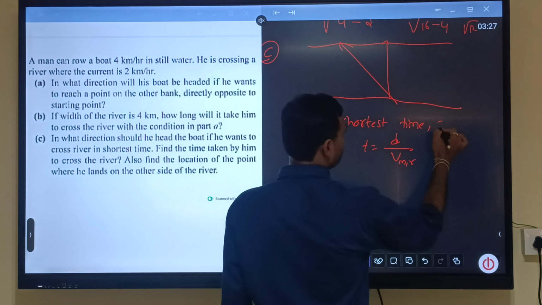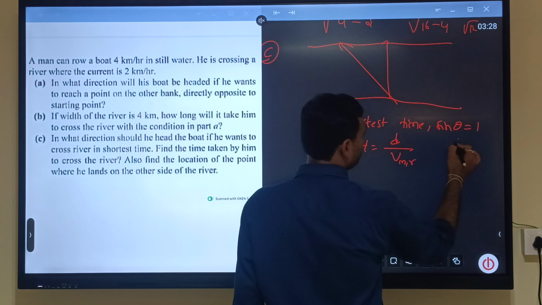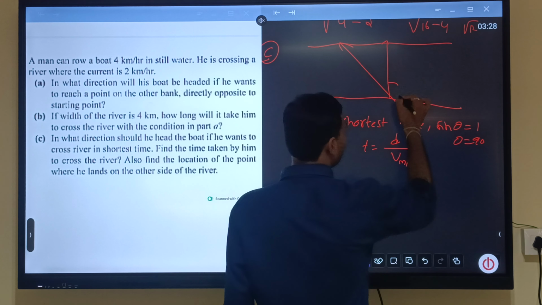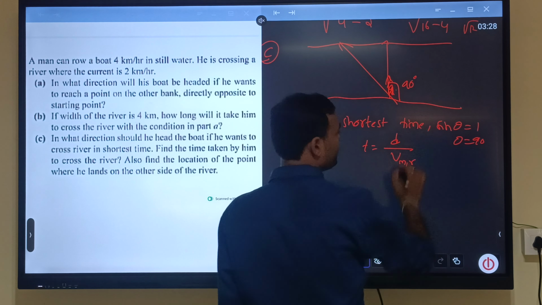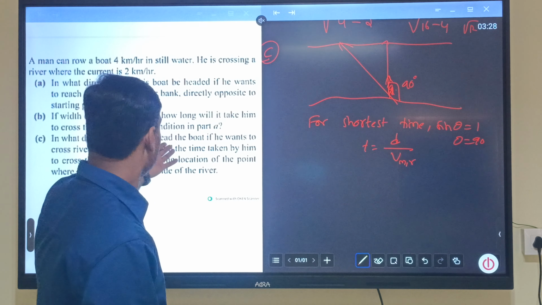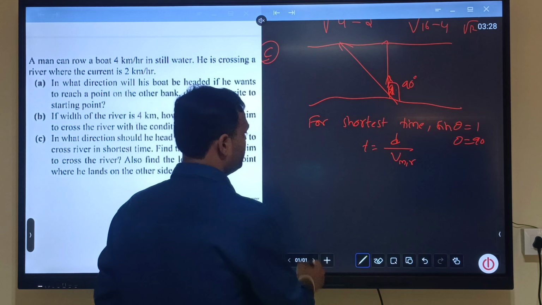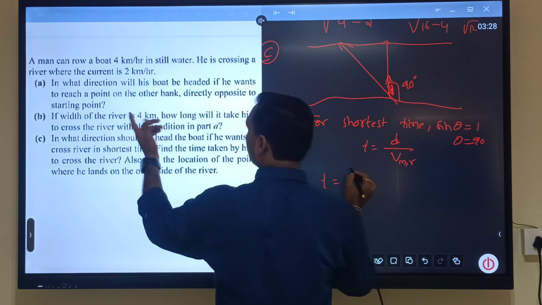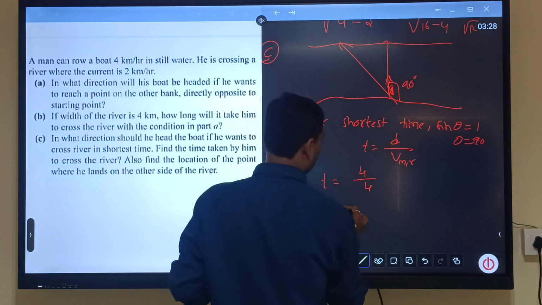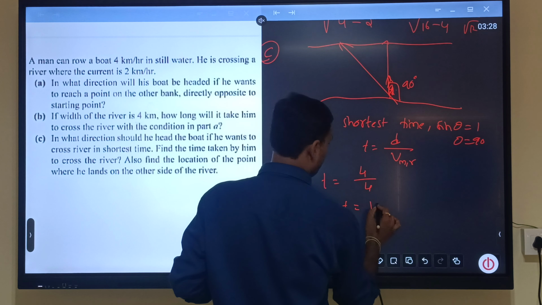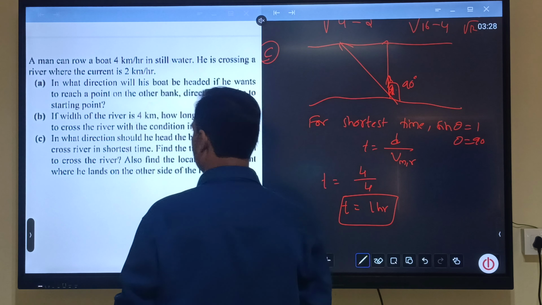For shortest time, sin theta should be 1, so theta should be 90 degrees. That means he has to cross like this by making an angle of 90 degrees, right? And find the time taken by him to cross the river. Time taken: width value is 4 kilometer, velocity of man with respect to river is 4, so time is equal to 1 hour.